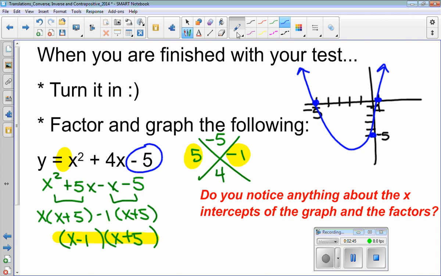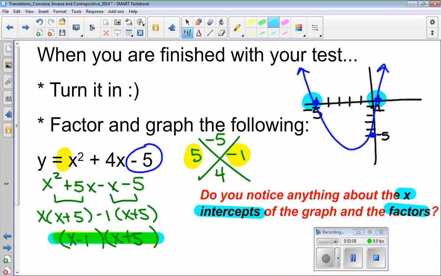But really what I'm asking you to pay attention to is the relationship between the x-intercepts of the graph and the factors. So the x-intercepts are -5 and 1. Look at the factors. What's the difference? What's the relationship between the factors and the x-intercepts?